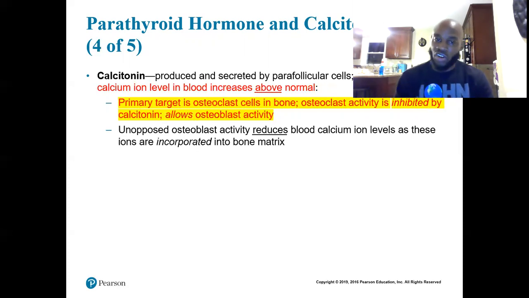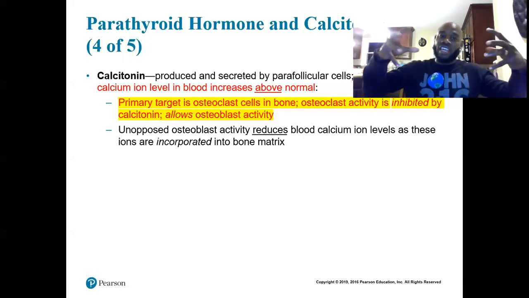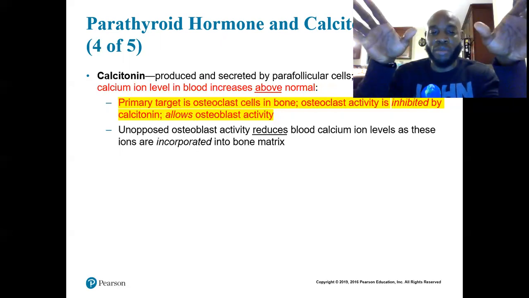And the primary target for the calcitonin is the osteoclast. Osteoclasts, what they do is take calcium in your body and bring it into the bone, therefore bringing it out of the bloodstream, right? So the osteoclast, my mistake.